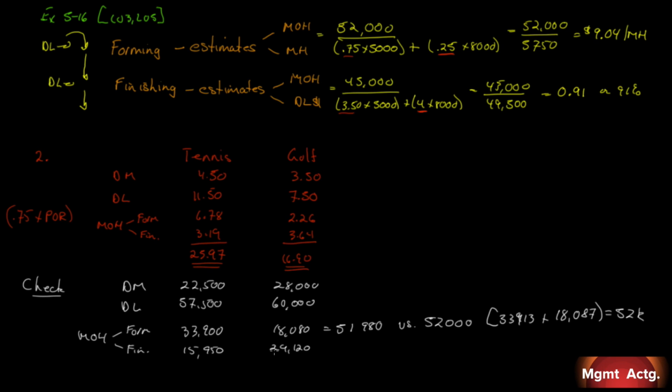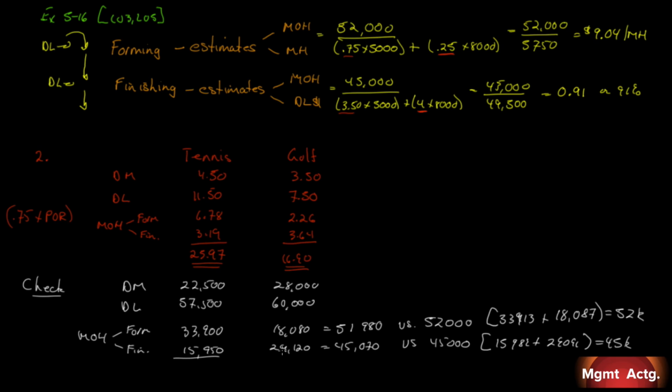Let's do the same for the finishing department. We find that we have 45,070 versus what we thought would be 45. Again, if we didn't round off, 15,989 plus 29,091, there's your 45K.